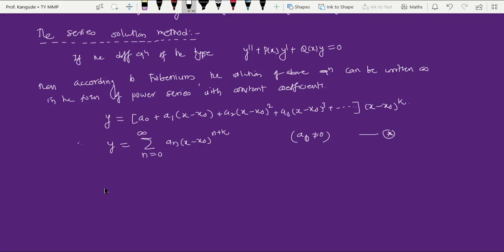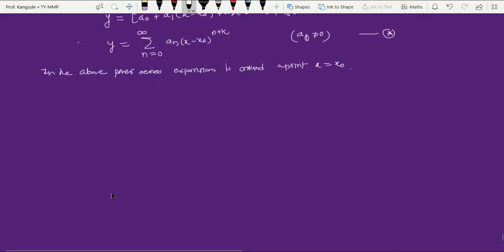Okay, so let's simplify this further. In the above power series, the expansion is around the point x is equal to x0.